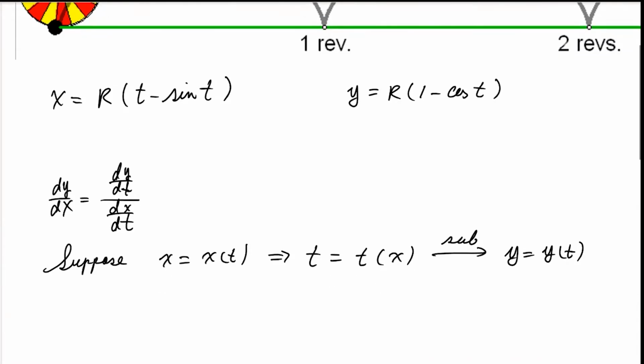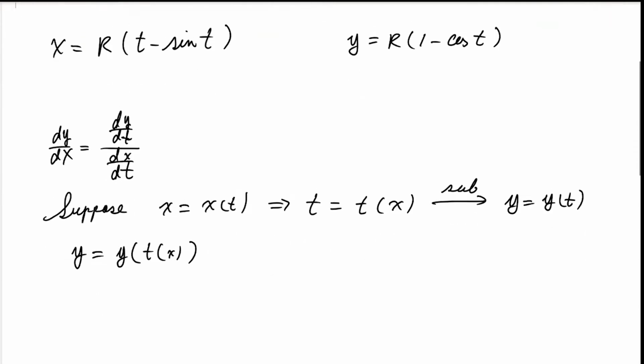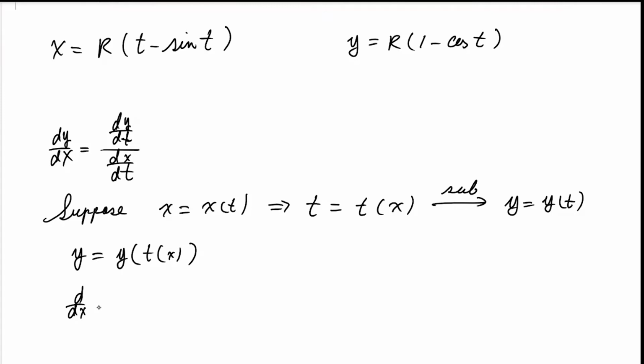Then what you get is this. So we have y as a function of t, but then t is a function of x. You understand this notation? So really, y is a function of x, but y is a function of t and t is a function of x. Oh, and then remember Turducken? The chain rule applies, right? So taking a derivative with respect to x is the same as taking a derivative with respect to t and then a derivative of t with respect to x.